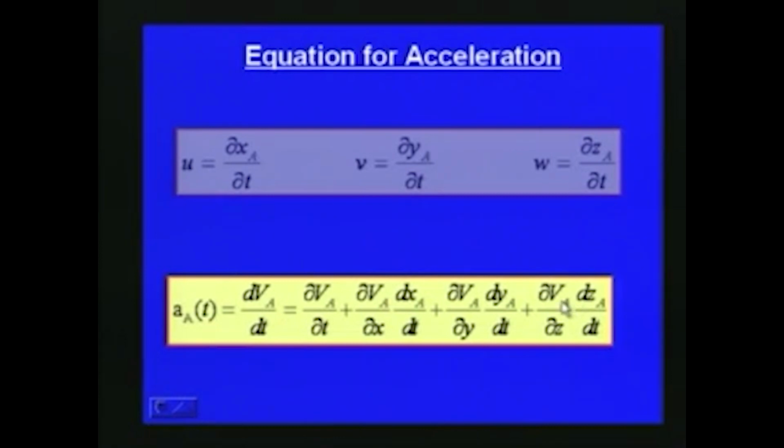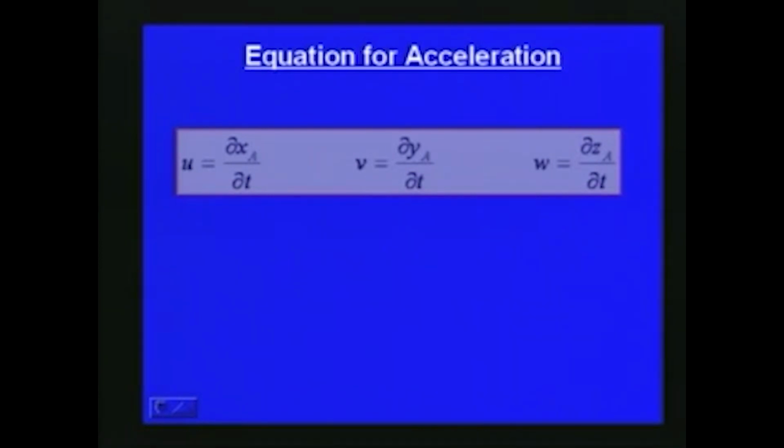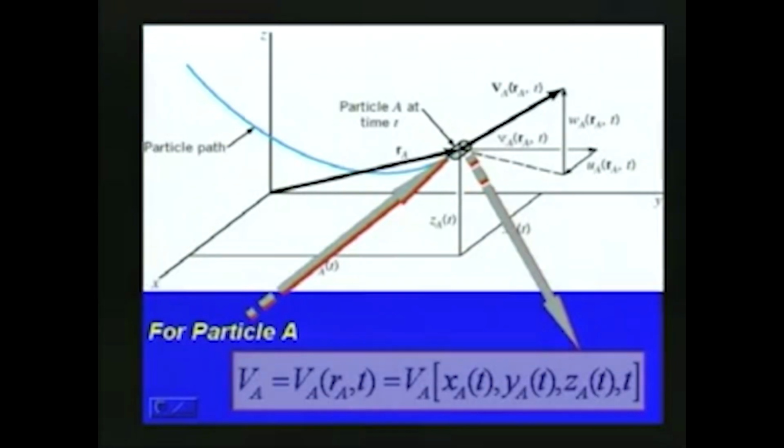Here the acceleration for this particular fluid particle is considered with respect to time variation, which is the local acceleration, and then convective acceleration with respect to how the fluid flow is behaving. So the acceleration is represented as the total derivative of the velocity vector with respect to time, a = dV_A/dt.